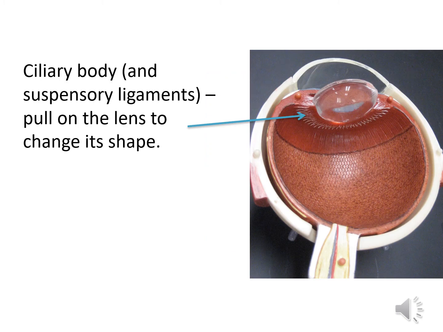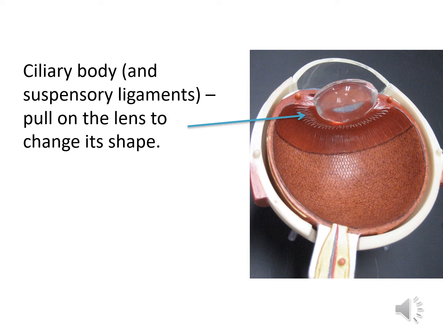The lab book just points out the ciliary bodies, but in real life and lecture class, there were some suspensory ligaments. Together, they work to pull on the lens to change its shape. On the figure here, on the model, you can see the little white lines. Those are actually supposed to be the suspensory ligaments that are attached to the ciliary body that would pull out to the sides and flatten out the shape of the lens.